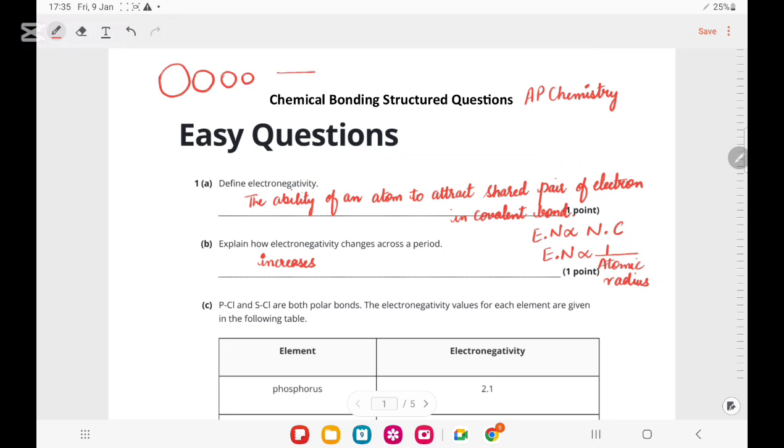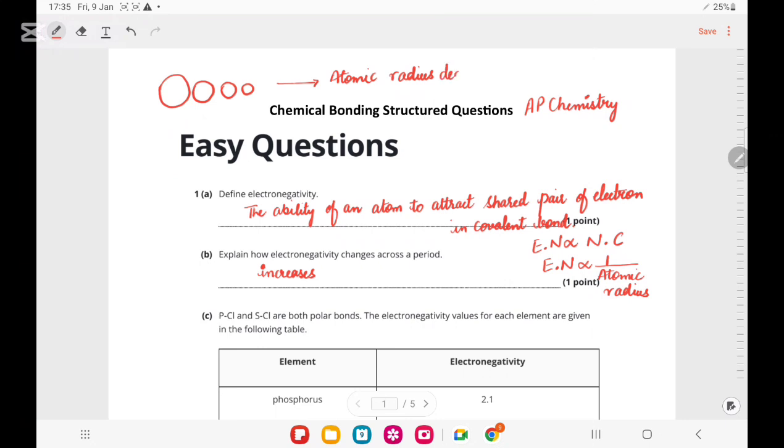Why does atomic radius decrease across a period? Because of increase in nuclear charge. Because of increase in nuclear charge, the nucleus is pulling the valence electron with more force of attraction, and it causes atomic radius to decrease.